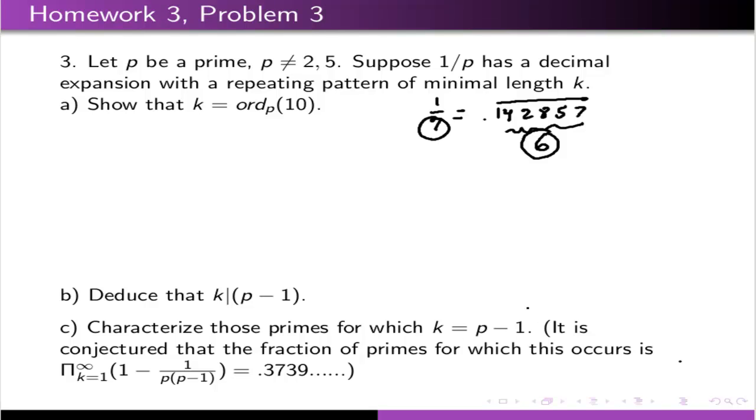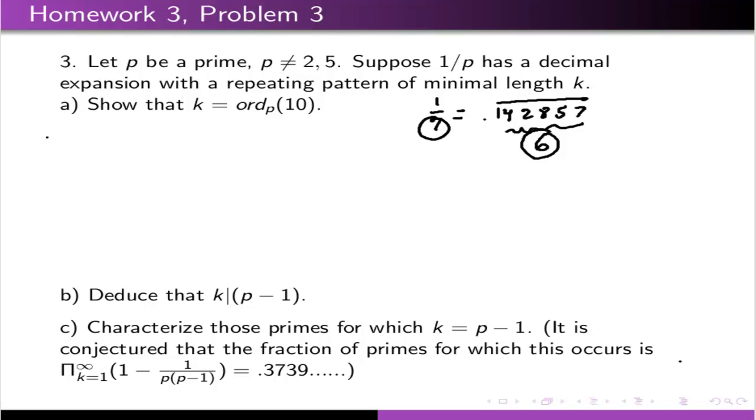So what is the connection then between the length of the cycle and the order of 10? So in this problem, you can make the assumption that 1 over p does have a repeating decimal. So you don't need to prove that fact.